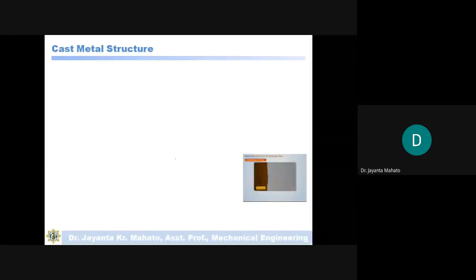So, metal cast structure, we are talking about metal cast structure. Within a cast structure, three different grains are formed.